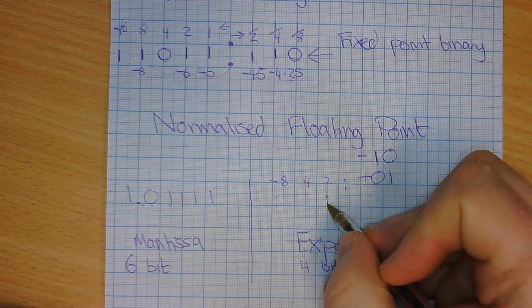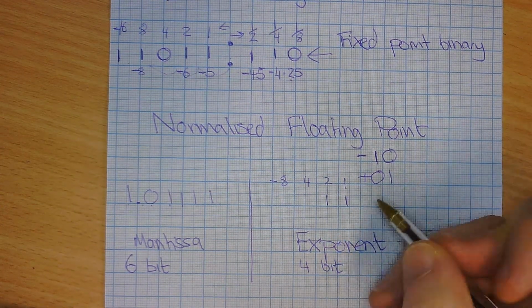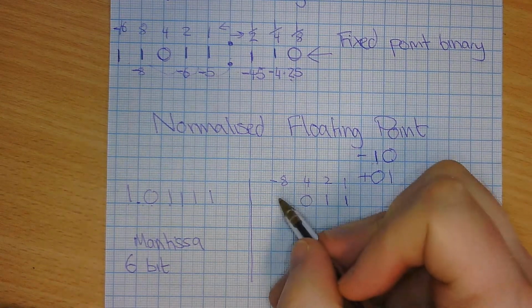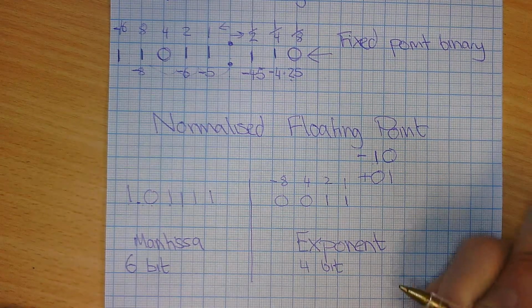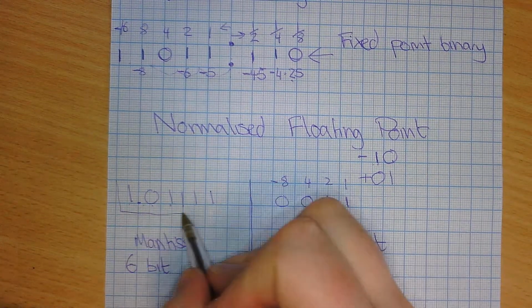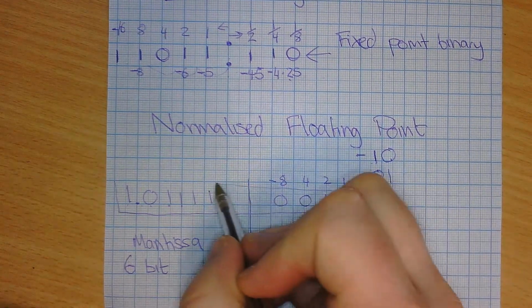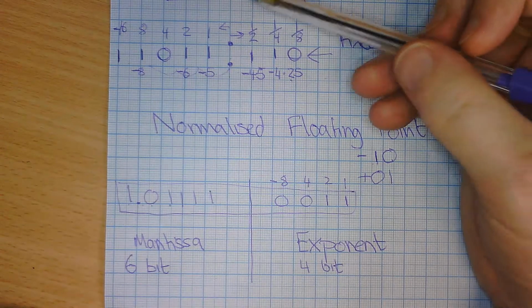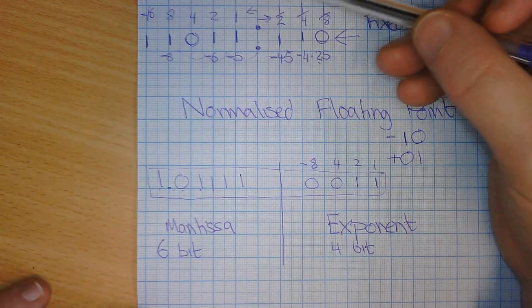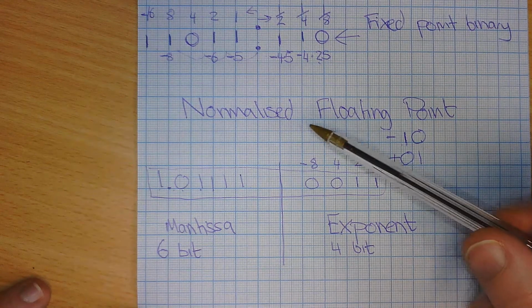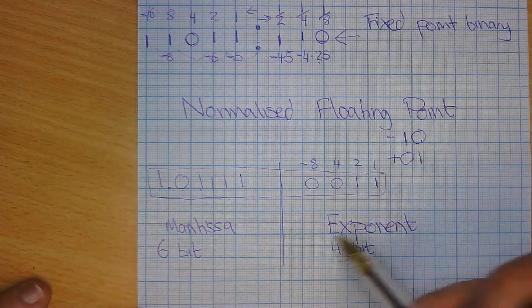I can do that with a 2 and a 1. And those will be absent of 1s. So this then becomes minus 4.25 represented in normalized floating point binary.